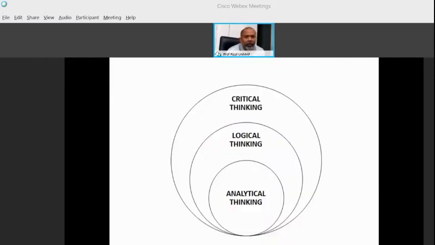So when talking about thinking, you have what we call the analytical thinking approach, which basically is the cornerstone of logical thinking and which basically supports the critical thinking framework that we have. If you've been reading about thinking approaches, there are two big domains of thinking.